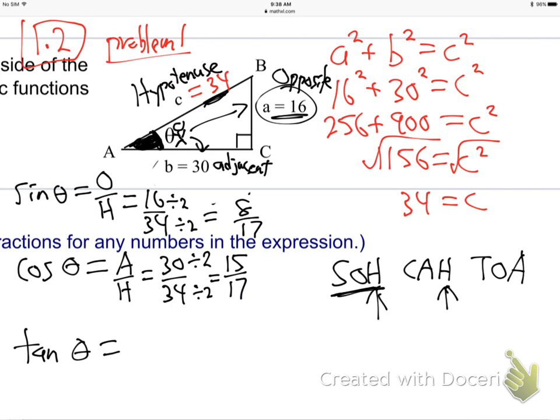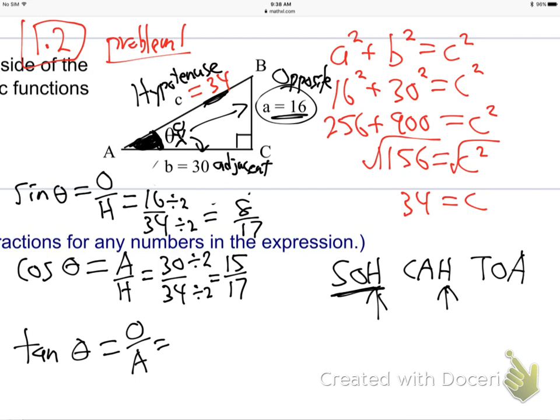Now how about the tangent of angle theta? Why don't you try that one? See if you can get that one. Tangent is opposite over adjacent.